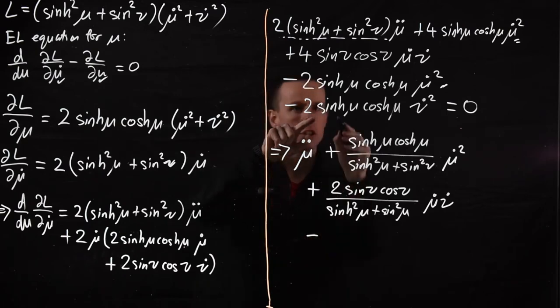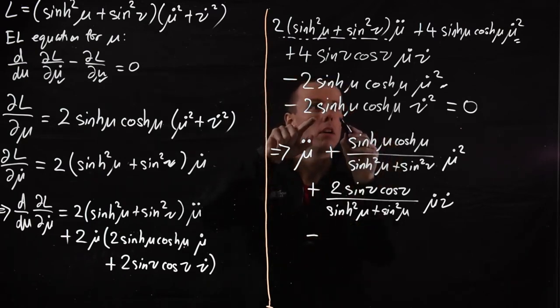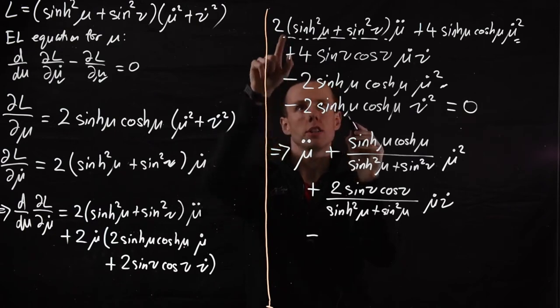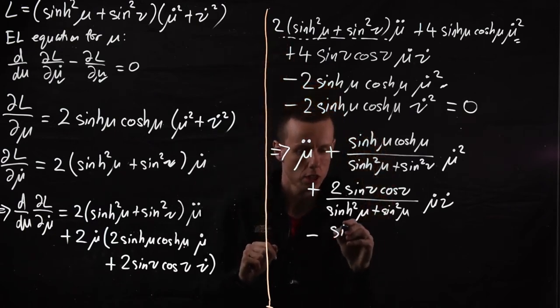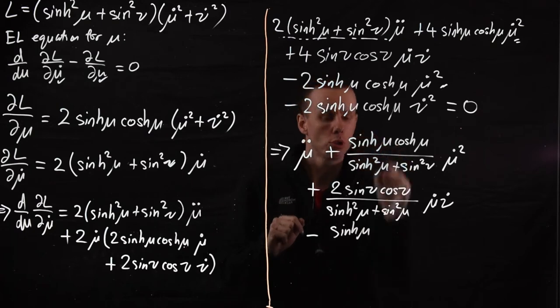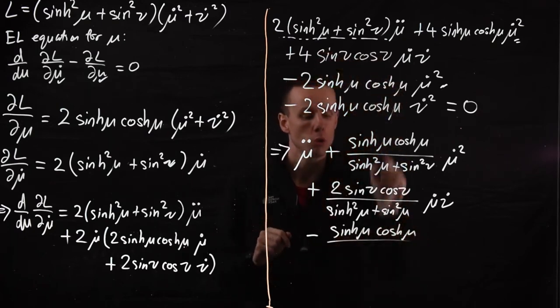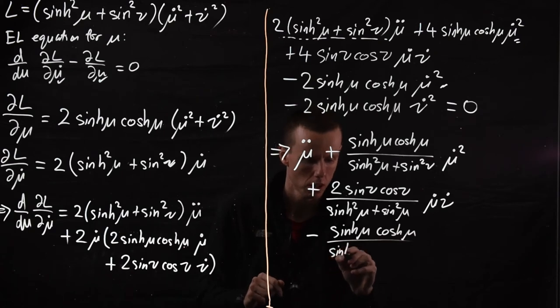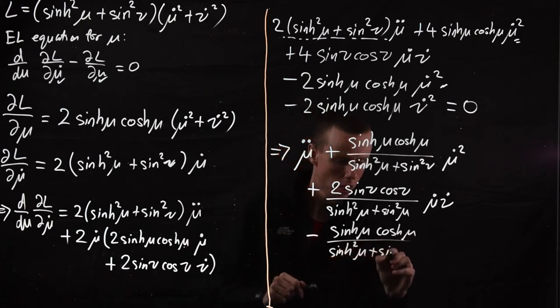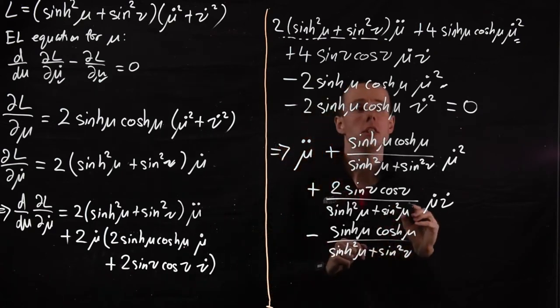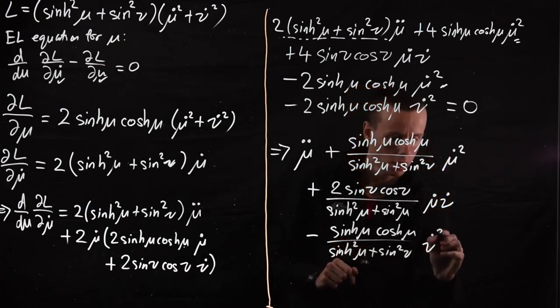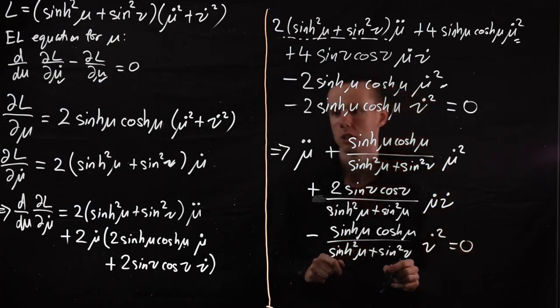So that will have a minus, and we will just end up with that 2 will cancel that one, so we just have minus sine mu cos mu over sine squared mu plus sine squared mu, times mu dot squared, and that's all equal to 0.